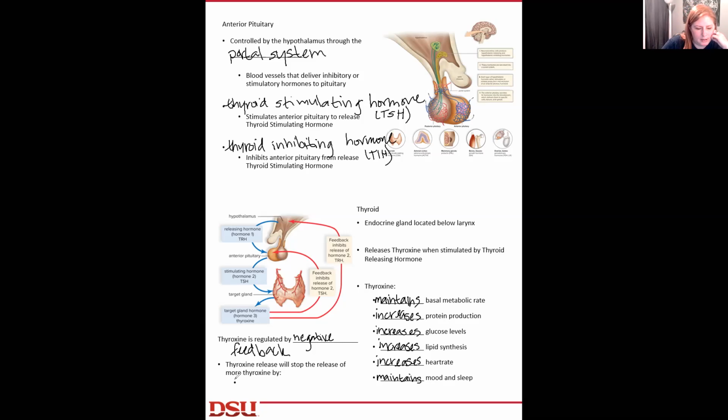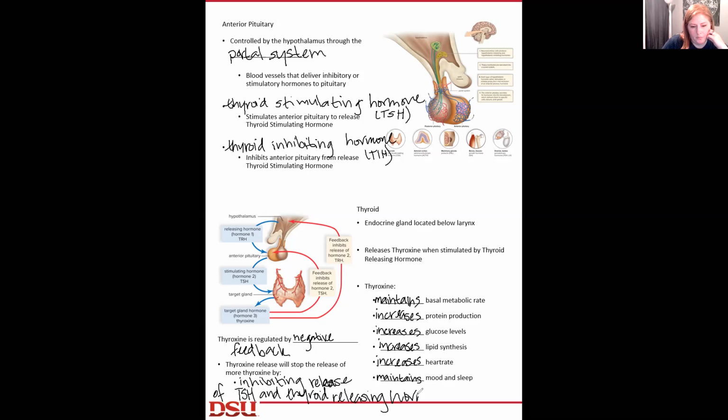Basically, that's how it works. I can spell release TSH, and I'll write this one out because I haven't put it before: thyroid releasing hormone.